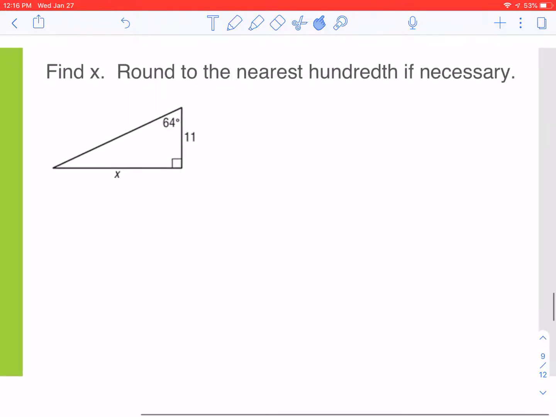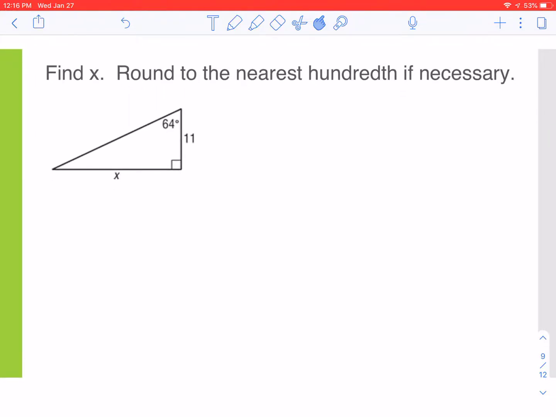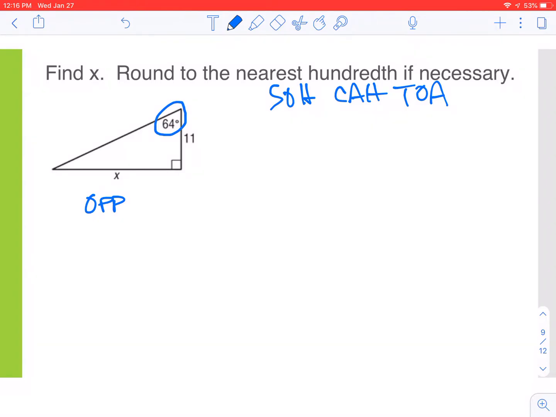Now, here's how we do it with algebra. We need to find x. First step, we circle our angle. The second step, always have SOHCAHTOA ready to go. The next step is to label our sides, opposite and adjacent.